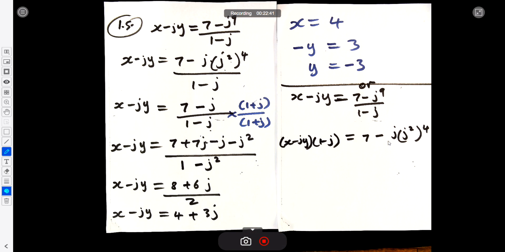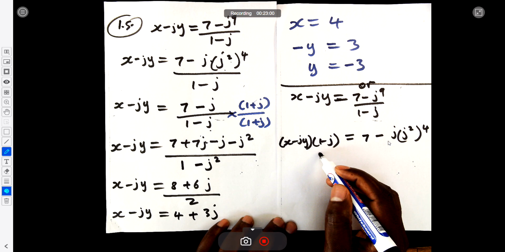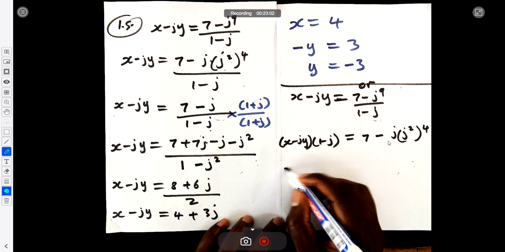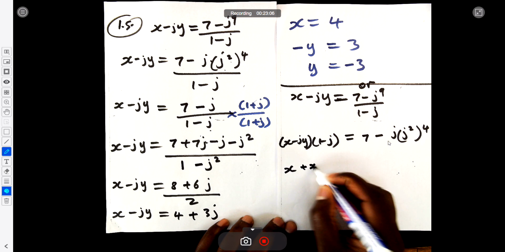So according to the laws of algebraic fractions in equations, when you multiply the left and the right hand side, that's why you think the 8 disappeared. We didn't cross multiply. It's because we multiplied by 1 minus j, it was divided, and we multiply on the left hand side. So let's multiply x times 1, we have x, times j, we have xj.